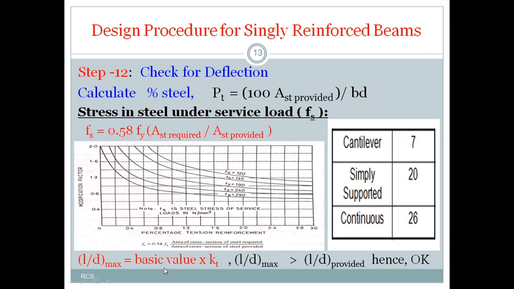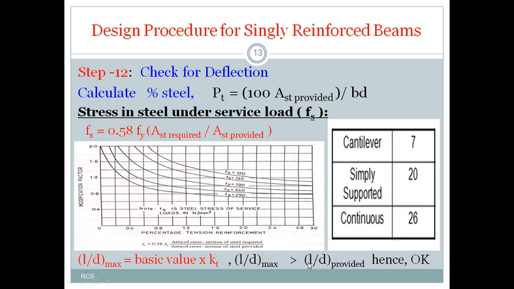So for a simply supported beam the basic value is 20, and KT obtained from the graph is based on the values of Fs and Pt percentage. Say I got 1. Then L by D maximum is equal to basic value 20 multiplied by 1, that will be 20 maximum. But the provided L by D ratio should be less than that value. How to calculate the provided? Already we have calculated the effective length of the beam.